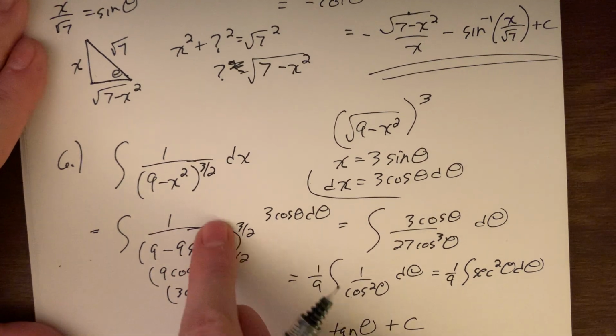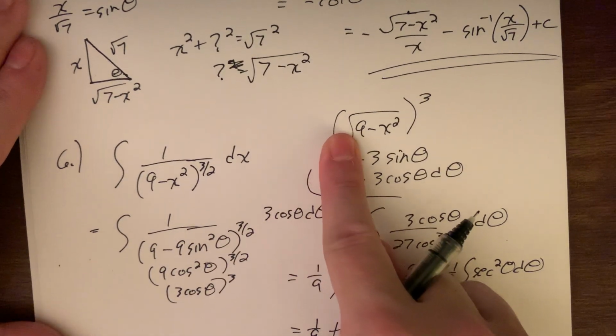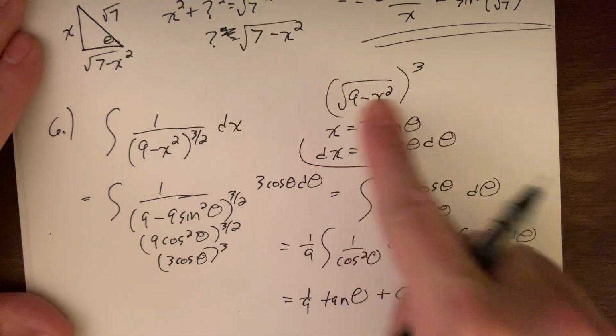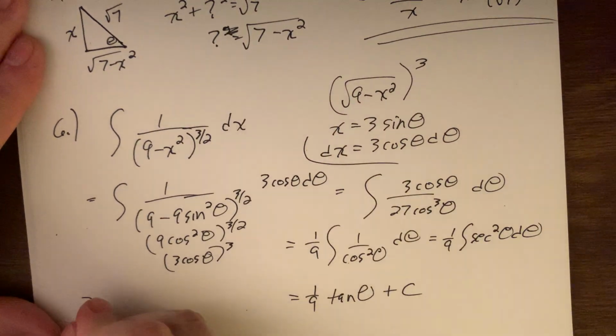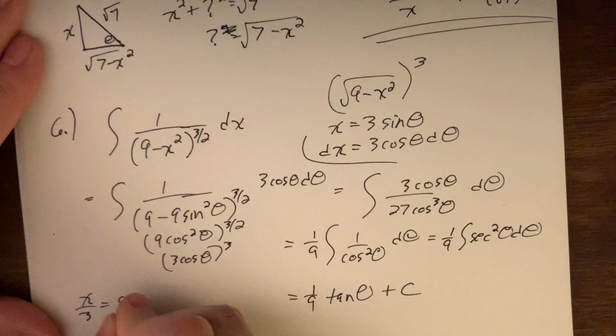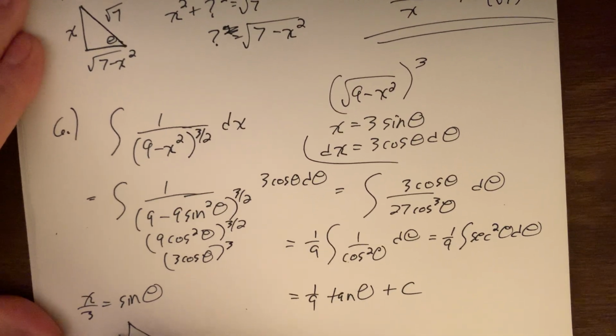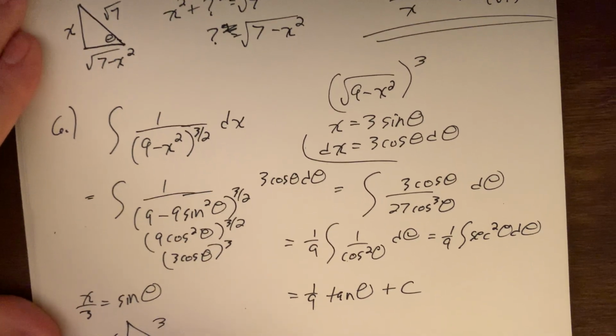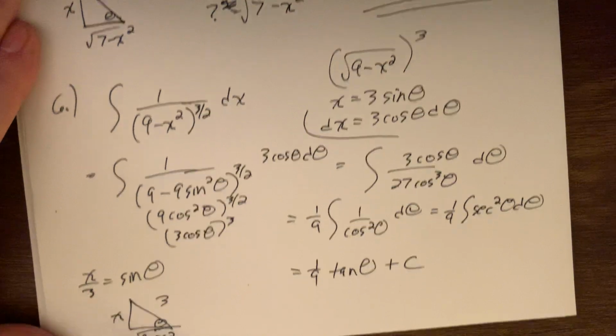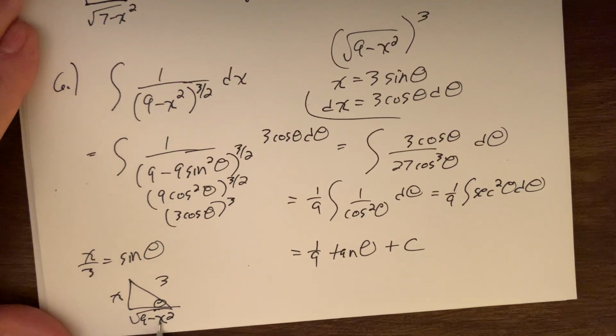And even though this was all the 3/2 power, not just a square root, that doesn't matter one bit. Still coming to here. X over 3 equals sine in my right triangle. Radical 9 minus x squared down here for the adjacent side.